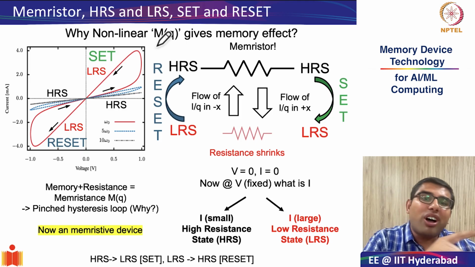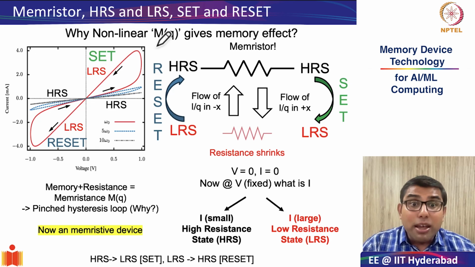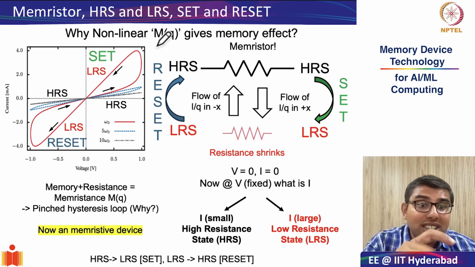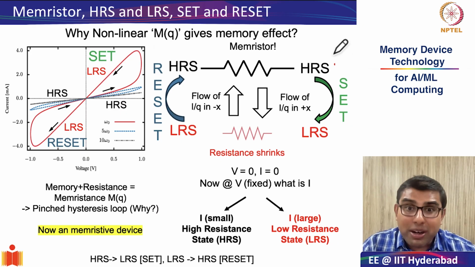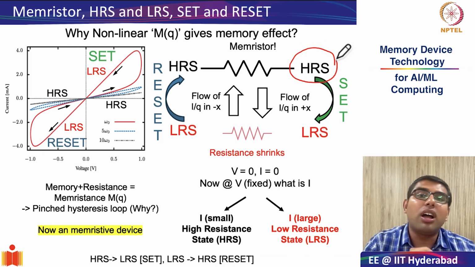As you saw in the example of your first memristor from HP Labs, the material between the two platinum metal electrodes was TiO2. Now TiO2 is an insulator.